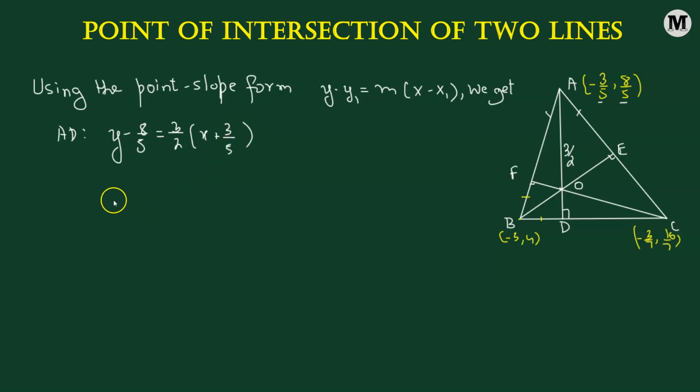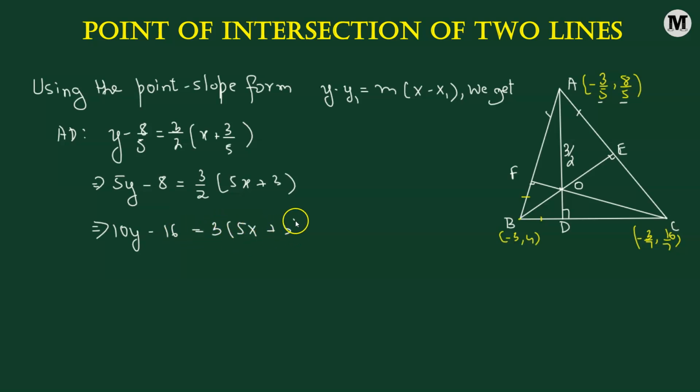Okay, so let's simplify this. We're going to multiply throughout with 5, so that's going to give us 5 times y minus 8 equals 3 over 2 multiplied by 5 times x plus 3. Then we're going to multiply throughout with 2 to get 10y minus 16 equals 3 times 5x plus 3.